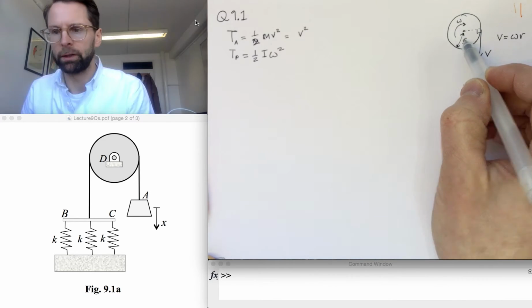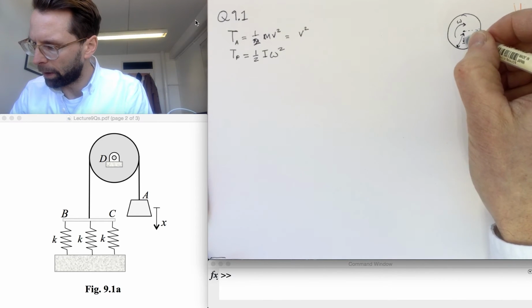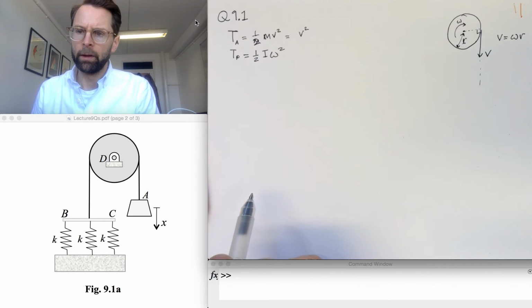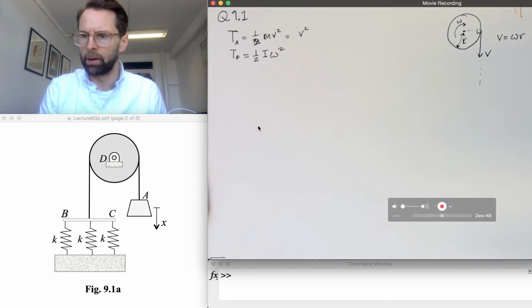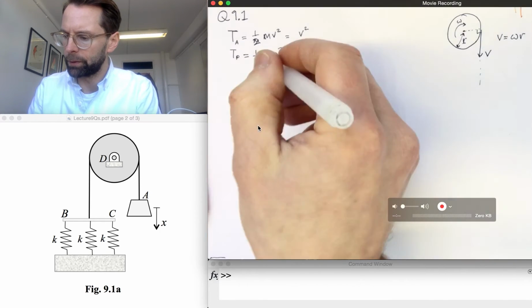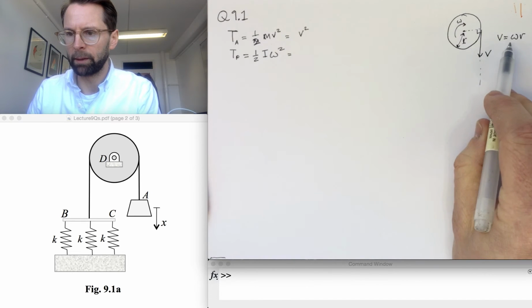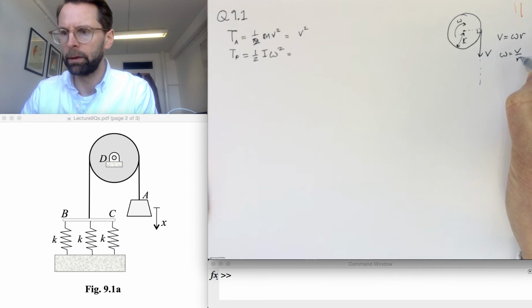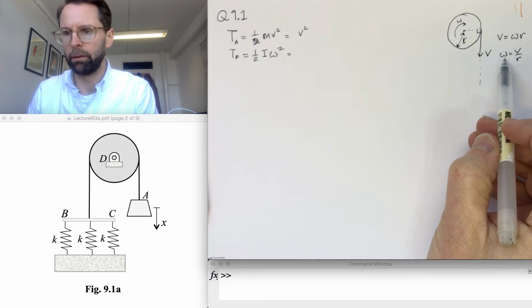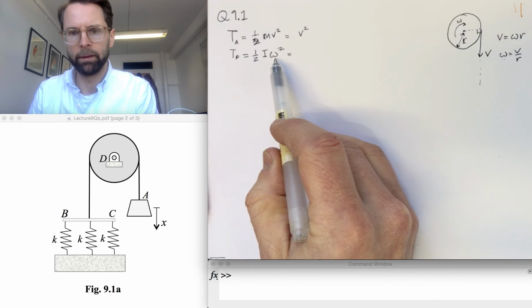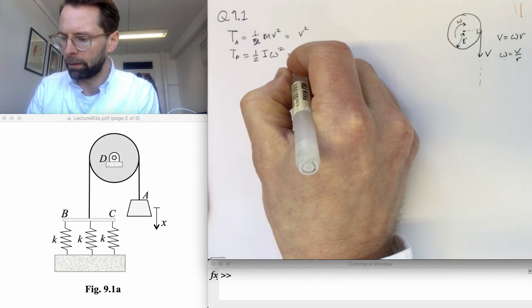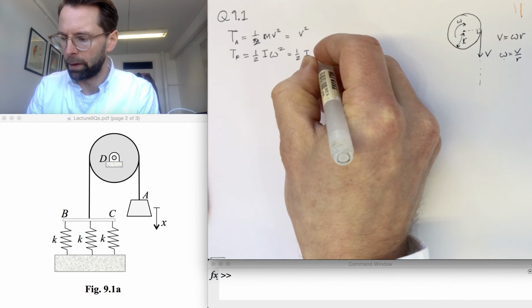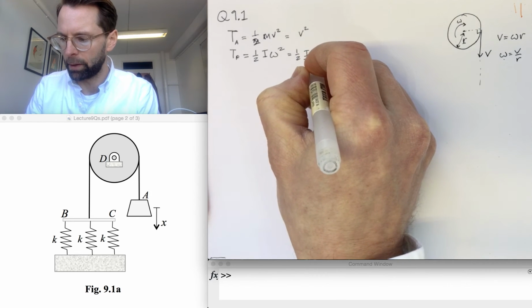That was in lecture 4 that we went through that. So the radius of this pulley is also given in the question. So if we rearrange that, we get omega equals v over r, and you can substitute that into there to get half I v squared over r squared.